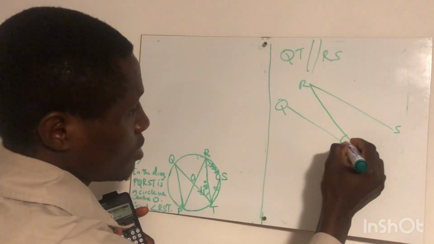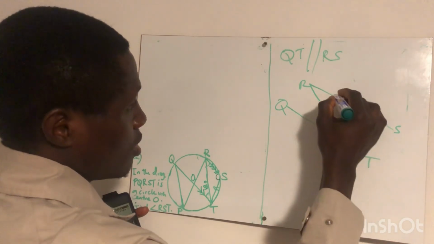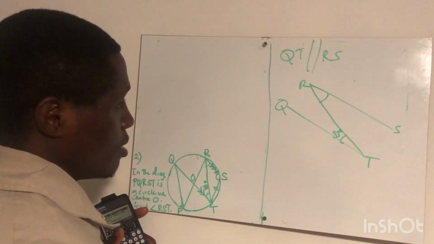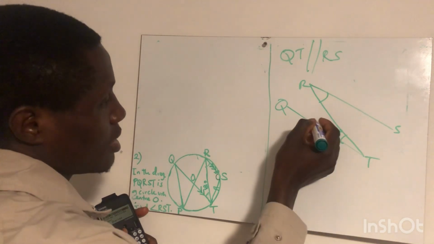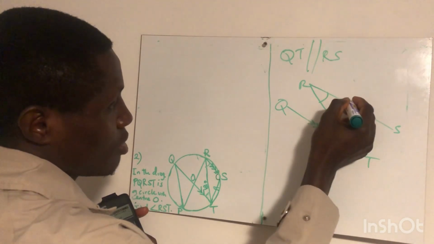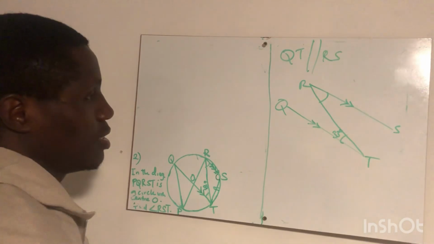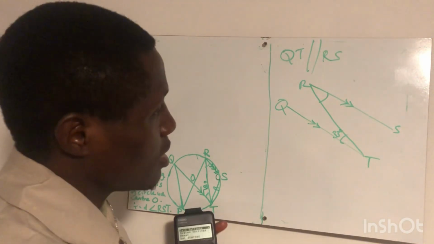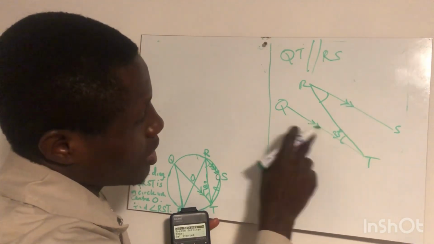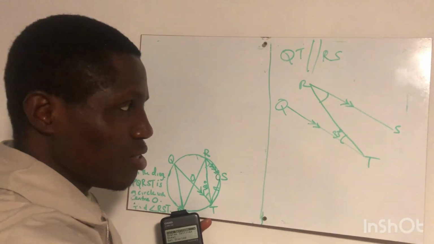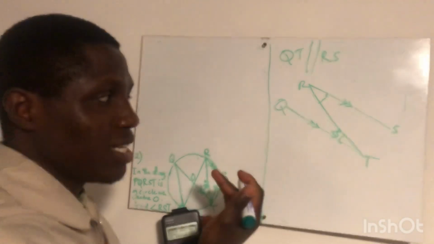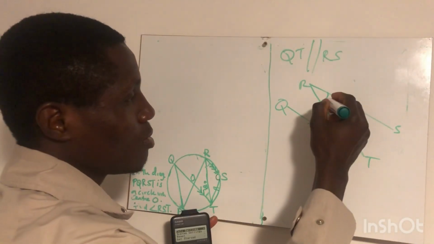So this is angle 33 degrees, and this is another angle here. Look at this symbol; it indicates parallel lines. And this is an alternate angle. Whenever you see something like a Z in parallel lines, it means this angle here is equal to this angle here.